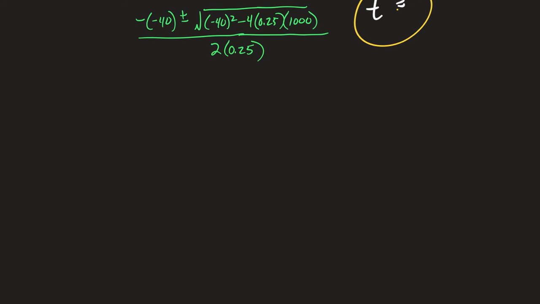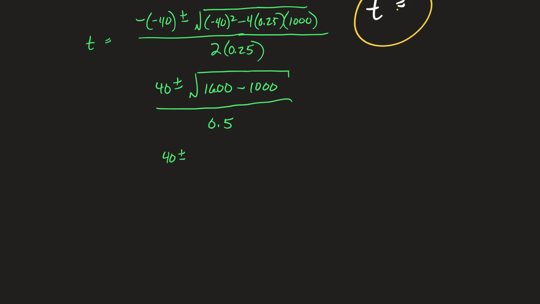So no physics here, but this is what t equals. That's 40 plus or minus the square root of 1,600 minus 1,000, divided by 0.5, which is 40 plus or minus the square root of 600, divided by 0.5.